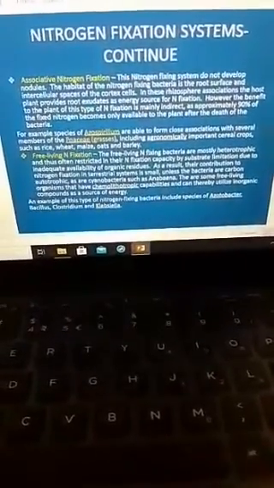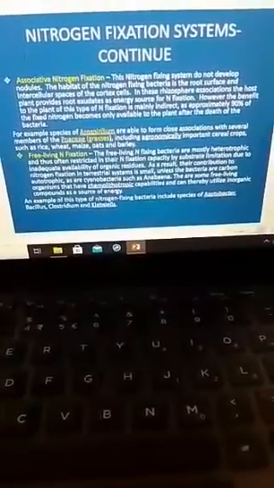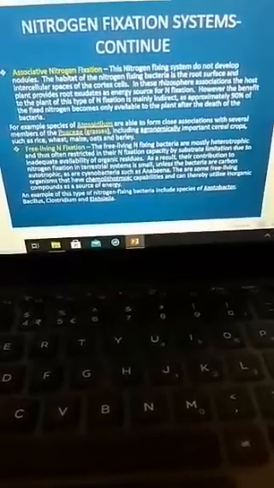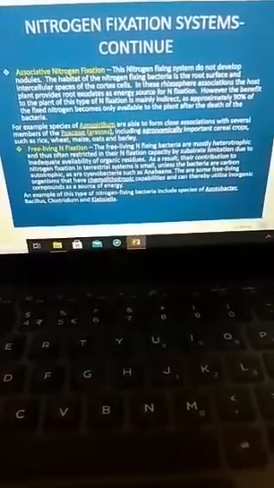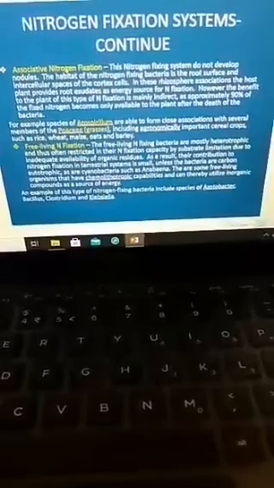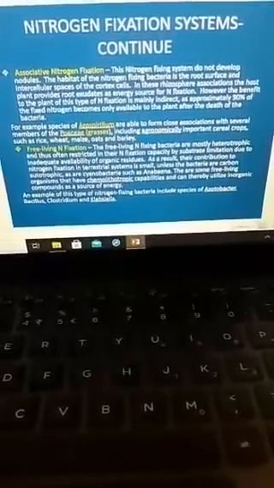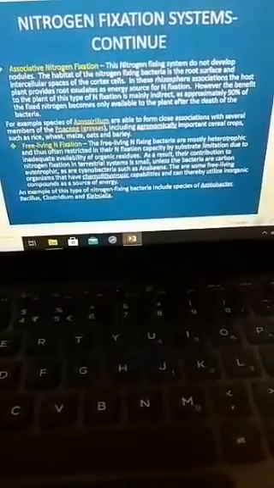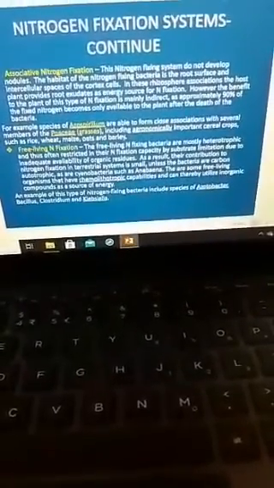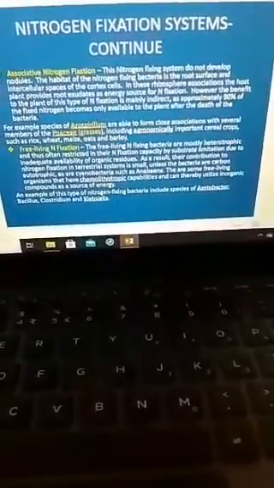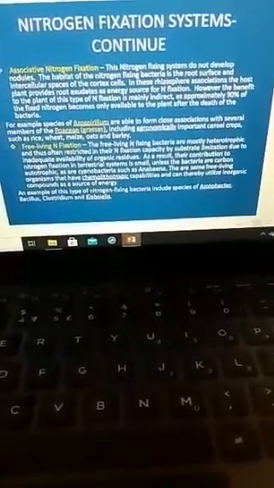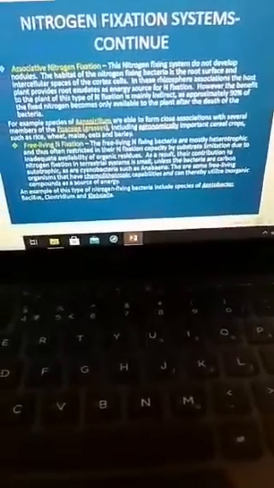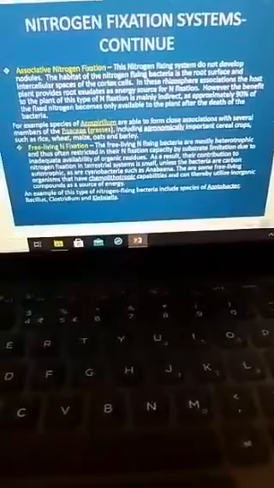You have got the associative nitrogen fixation system, wherein you are going to have the bacteria living just next to the roots of the plant, benefiting by the roots releasing some root exudates, some compounds that the bacteria can use, but the bacteria do not live inside the tissue of the plants. And that is associative nitrogen fixation, as opposed to the symbiotic one.